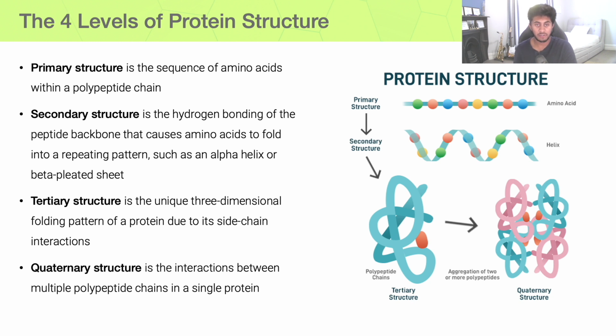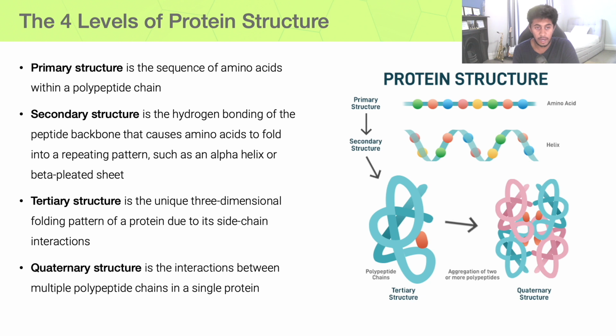Primary structure is the sequence of amino acids within a polypeptide chain, and that could simply be like alanine, tyrosine, and stuff like that. You literally just list them in order, and that's a primary structure. It's also the only structure that you would need to state explicitly for a particular molecule, because it's a little bit difficult to state secondary and tertiary structures.